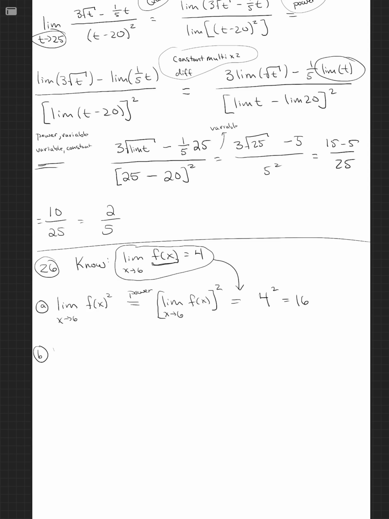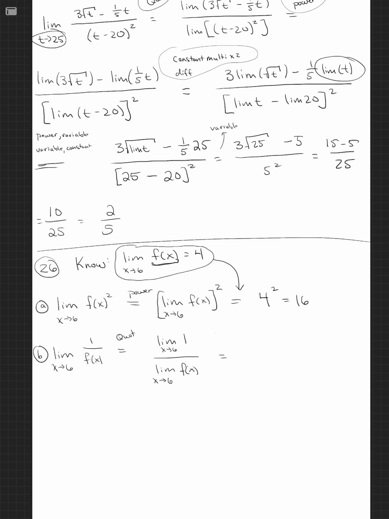So the next part was the limit as x goes to 6 of 1 over f of x. All right, so we're going to use the power, or the quotient rule rather. Power rule was last time. To get that that's the limit as x goes to 6 of 1 divided by the limit as x goes to 6 of f of x.